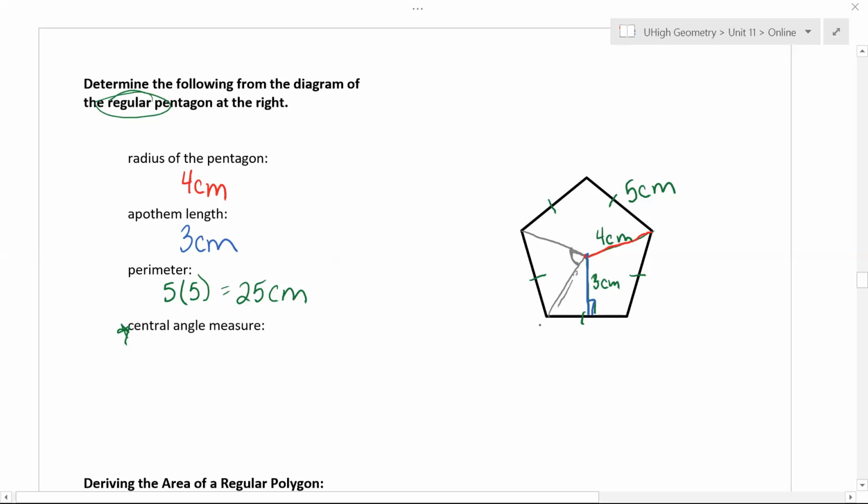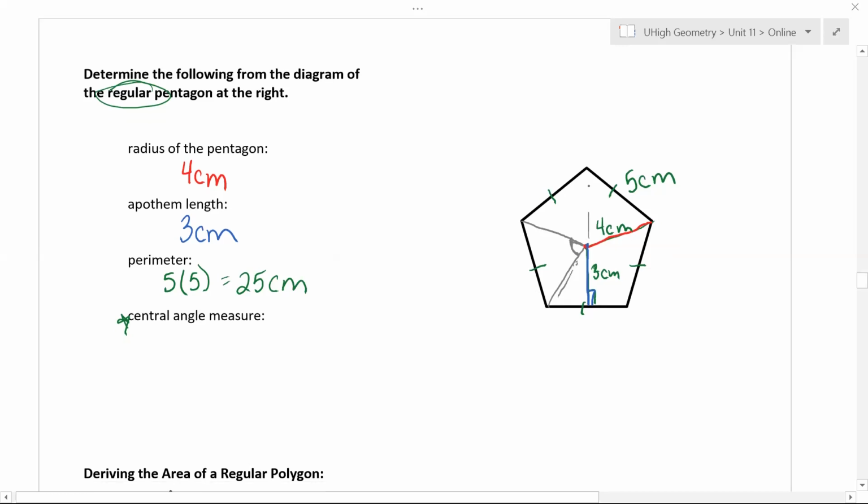I know that I can create 5 triangles that all have that same angle there in the middle. So 1, 2, 3, 4, and 5. So if I look at this, if I go all the way around this center, I've gone 360 degrees.